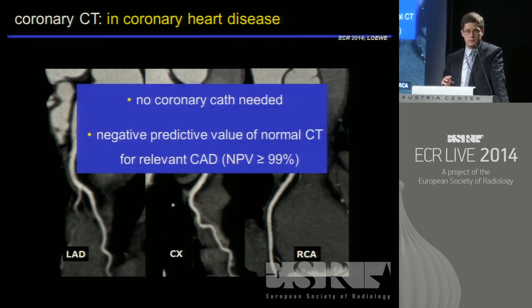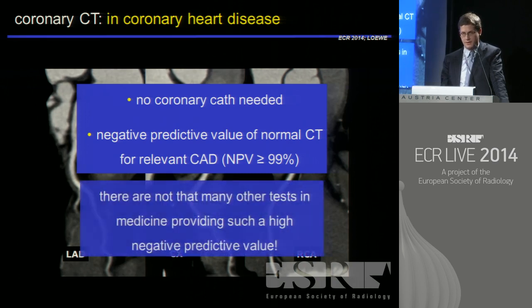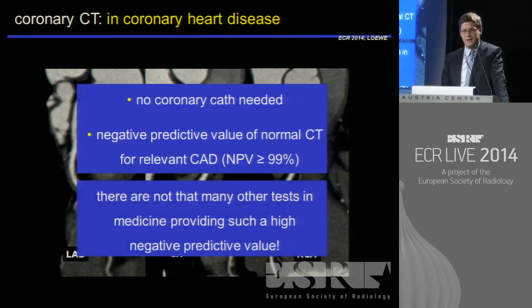So in other words, it means if the coronary CT is negative, then you can trust these findings. This patient will not have coronary artery disease with a negative predictive value of 99% or even higher. And again, there are not many tests with such a high negative predictive value in entire medicine.